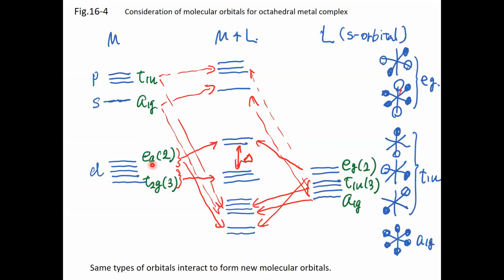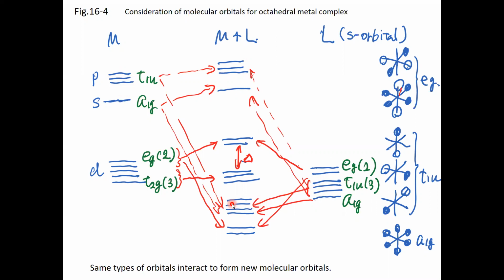About the Eg case, there's an Eg here, so these two and these two interact to make bonding and anti-bonding orbitals, shifted upwards. Similarly, A1g and A1g can interact to make bonding and anti-bonding orbitals, and T1u can also make bonding and anti-bonding.